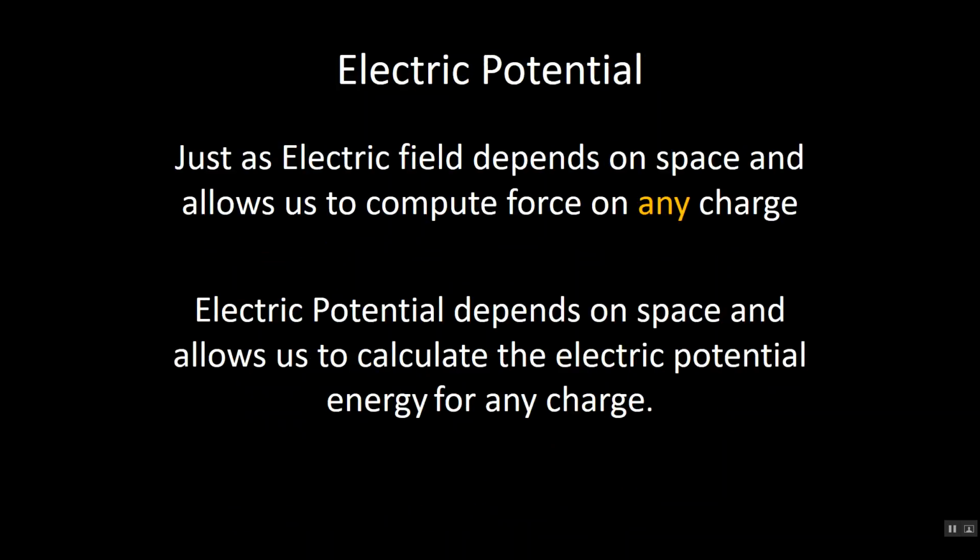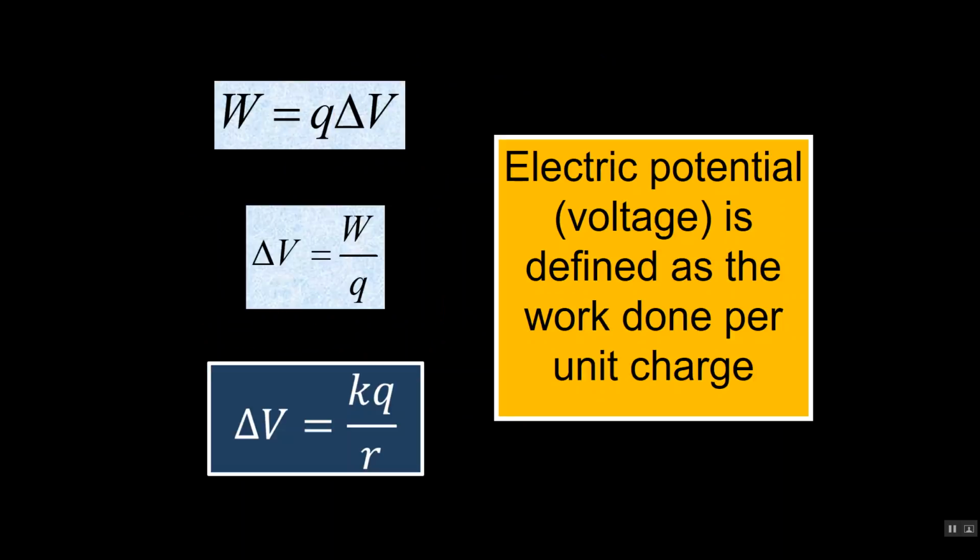So we talked about this. Just as electric field depends on space and allows us to compute force on any charge, it's the potential energy on the generic charge. So energy per charge, or joules per coulomb, if you remember the unit. And electric potential depends on space and all that. It is not a vector, and electric field is a vector. We talked about the relationship between work and voltage and all that stuff.